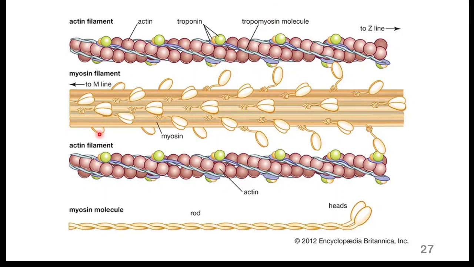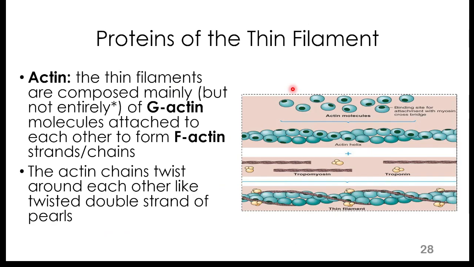All right, and this is the myosin filament with the heads, which we've already discussed earlier. You can also see another actin filament. The dark brown molecules are actin, right? Whereas these here are troponin. These are actin, and these are tropomyosin as illustrated above there.